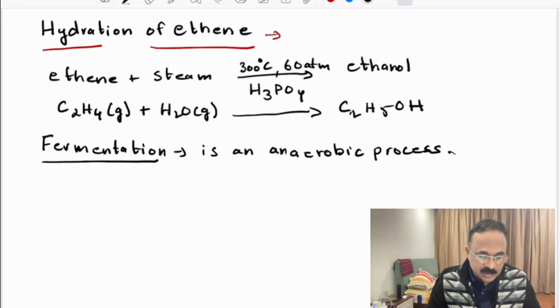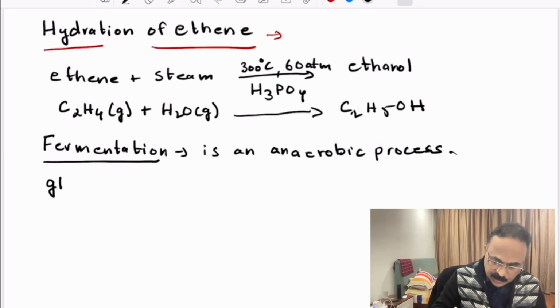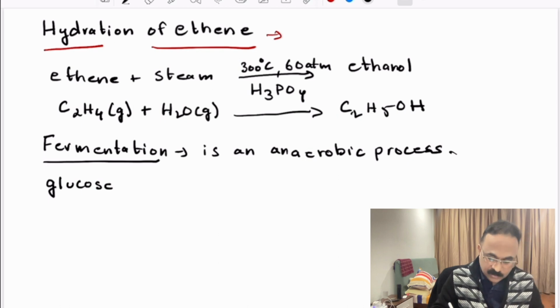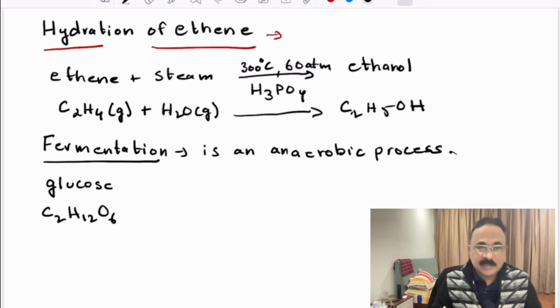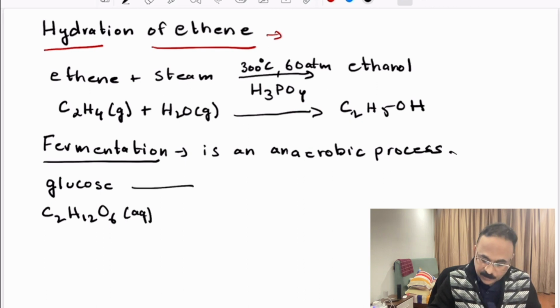So let's write down the equation of how ethanol is prepared by fermentation. First of all, we'll take glucose. Glucose is C6H12O6. Naturally, let's put aqueous over here, and then on the top we can put yeast.